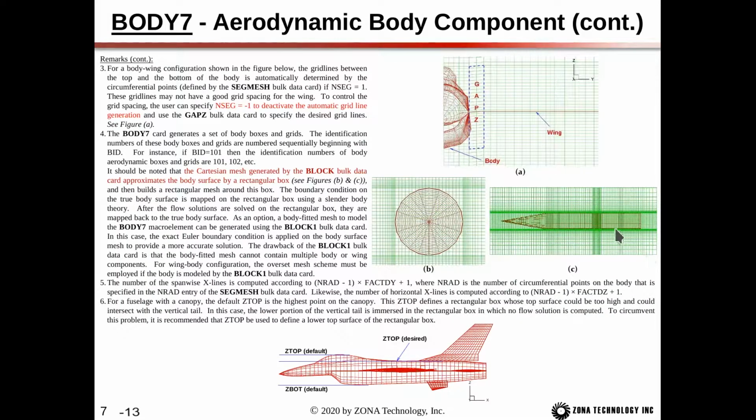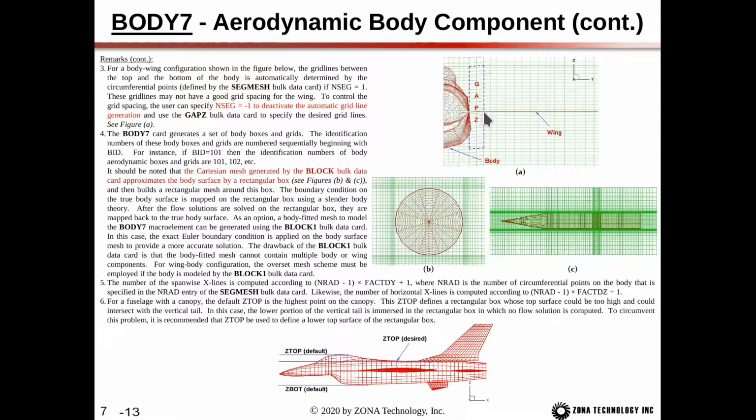Okay, so let's look at these examples of adjacent wing and body situations. In this example, we have our body 7 defined here, and then we have some C-AERO7s out here which define the wing. In this instance, you'll probably want to set nseg equal to -1 to deactivate the automatic grid line generation of the body, and then you'll want to define a GAPZ card, shown here, to control the spacing.